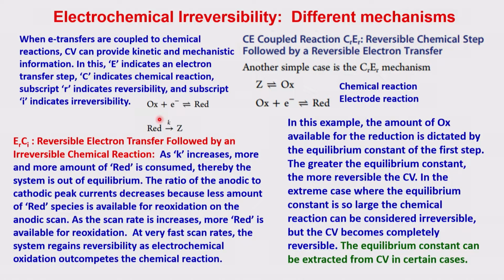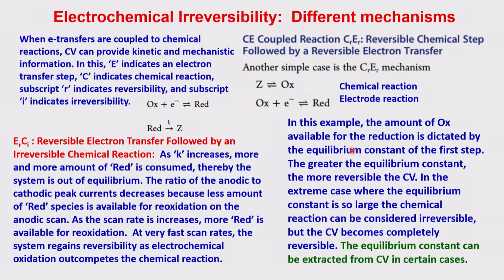This is one case. In the other case, you initially have a chemical reaction. You have put in your electrodes, and there is a chemical reaction happening that goes to the oxidized species. This oxidized species then takes an electron and is reduced. The first one is a chemical reaction, the next one is an electrode reaction. So this oxidized species is available for reduction at the electrode surface.